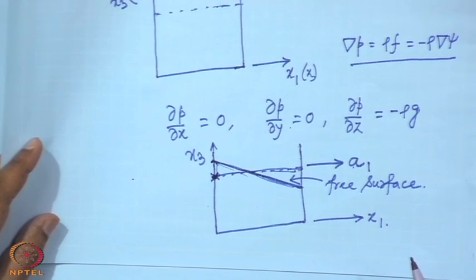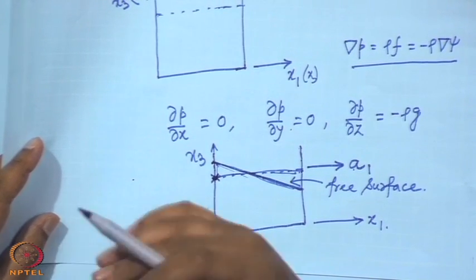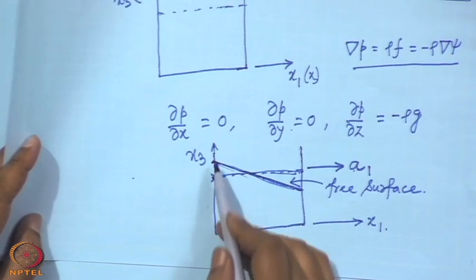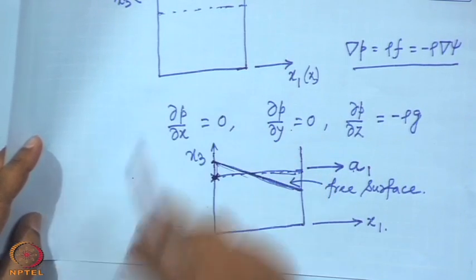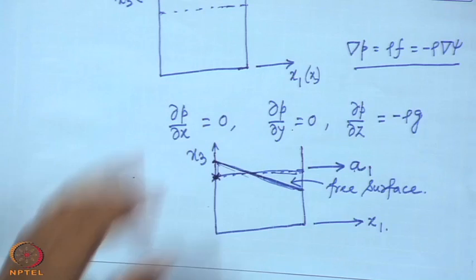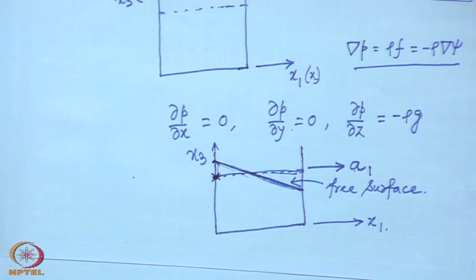For larger acceleration, this may still go up, and if the container does not have sufficient height available, the fluid will spill out. It is possible.